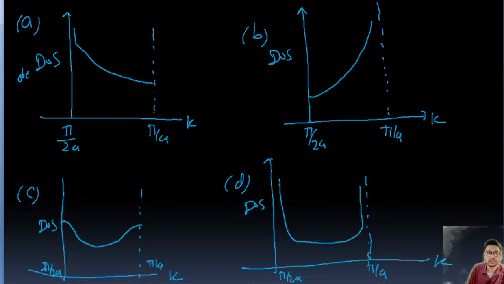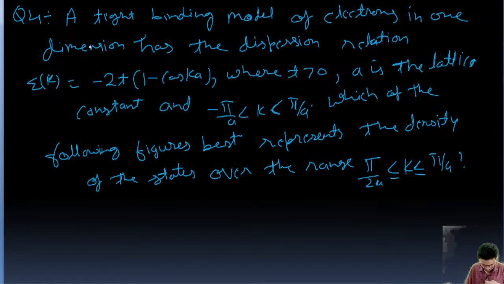So the question is, a tight binding model of electrons in one dimension has a dispersion relation given by epsilon k equal to 2t(1 minus cos ka), where t is greater than 0, a is the lattice constant, and k is between minus pi by a to pi by a.